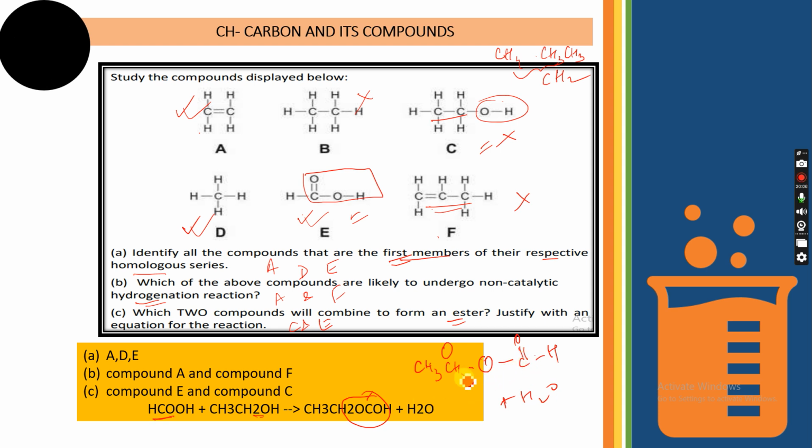That's the ester. COO is the ester group. So that's how an ester is formed. I hope I am clear.